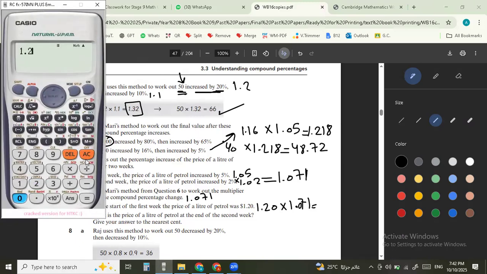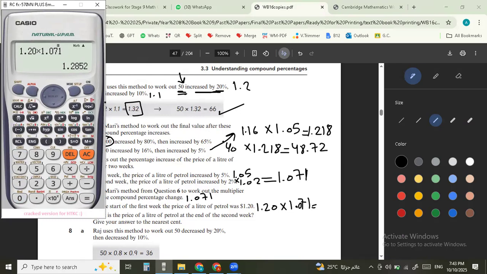So 1.20 multiplied by 1.071 equals 1.2852, but they want the price to the nearest cent. The nearest cent means the nearest hundredth, because after the dollar we always have only two digits.